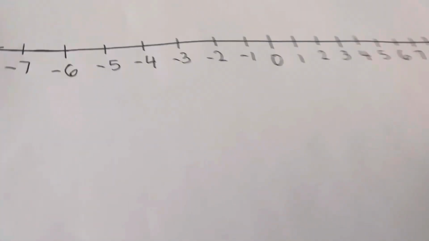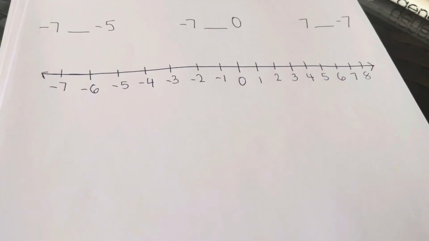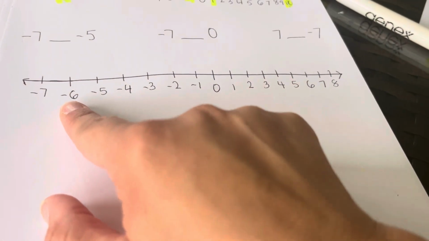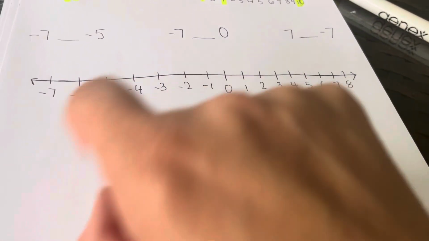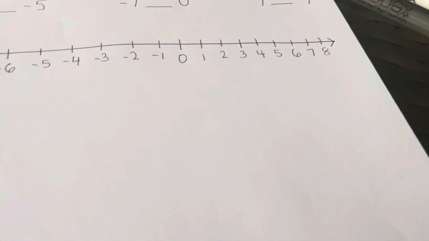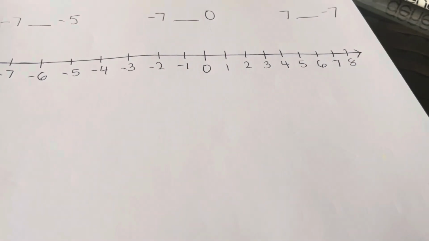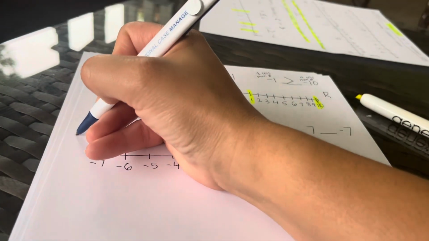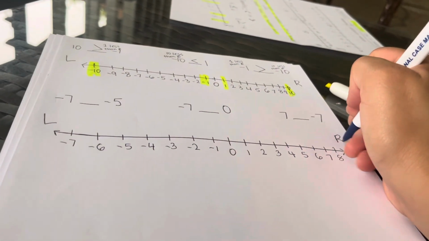We'll throw 8 on there just because I have some space. So mine's going from negative 7, counting backwards down to 0, and then I'm going from 1 to 7. I put mine to 8 just because I had some space. The left is on this side. The right is on this side.